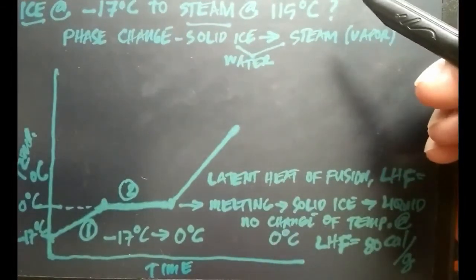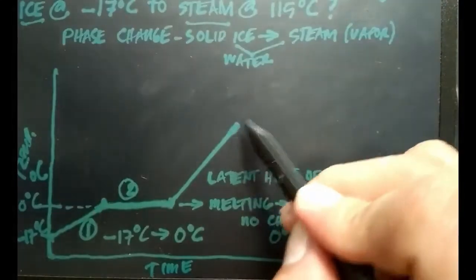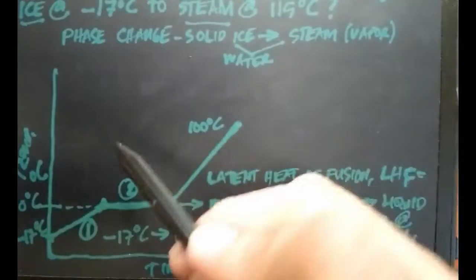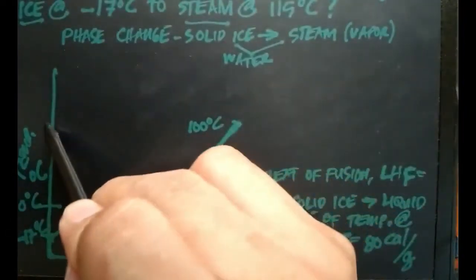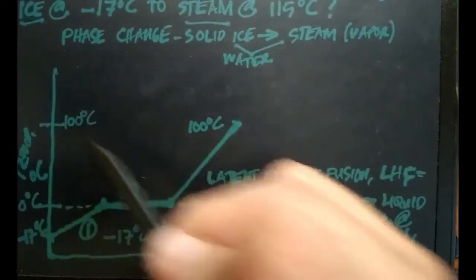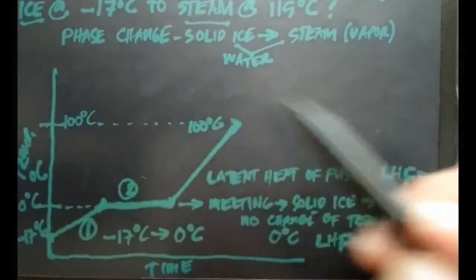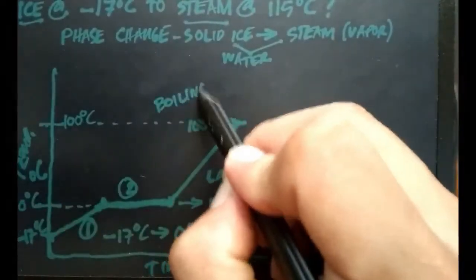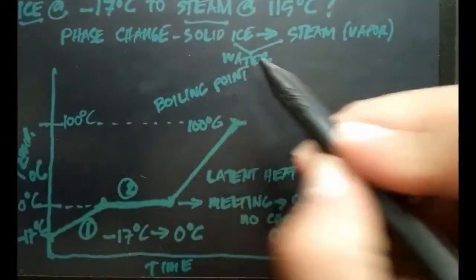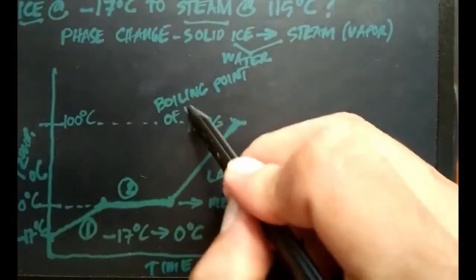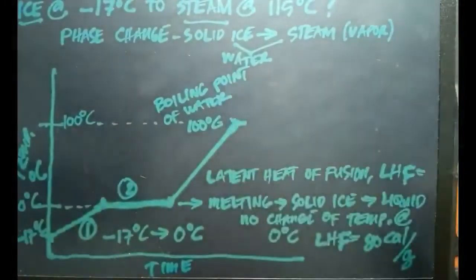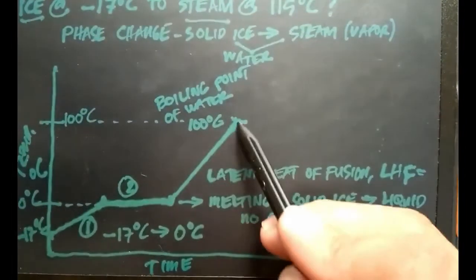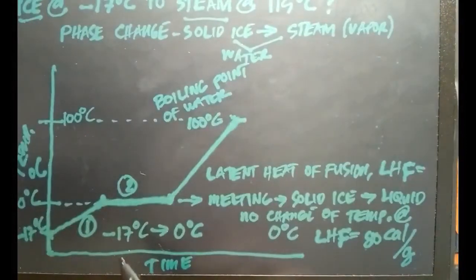The next process is we're going to add heat. Let's say this is 100 degrees Celsius, and we're going to add heat until its boiling point. We're going to use the formula of energy, Q equals the mass times the specific heat times the change in temperature.